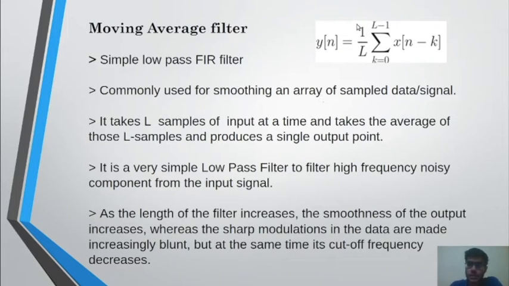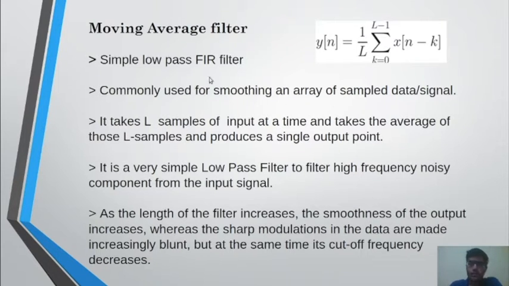As you can see, it is taking L samples, x[n], x[n-1], x[n-2] and so on, k is equal to 0. So it will start from x[n] plus x[n-1] till L minus 1 over here, and we are averaging over 1 by L. So this is the averaging factor and we are getting a single output.